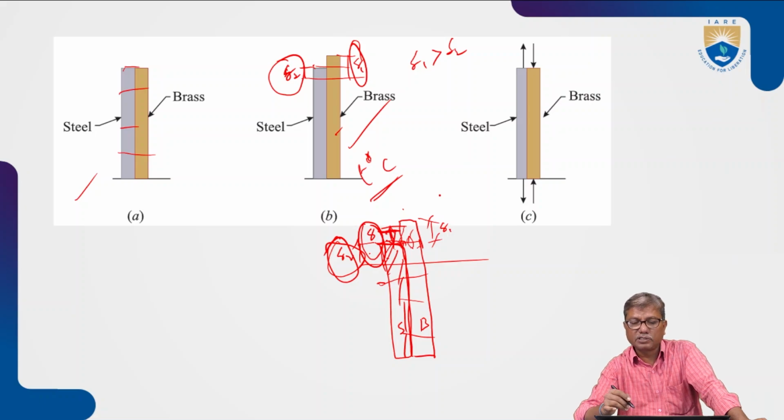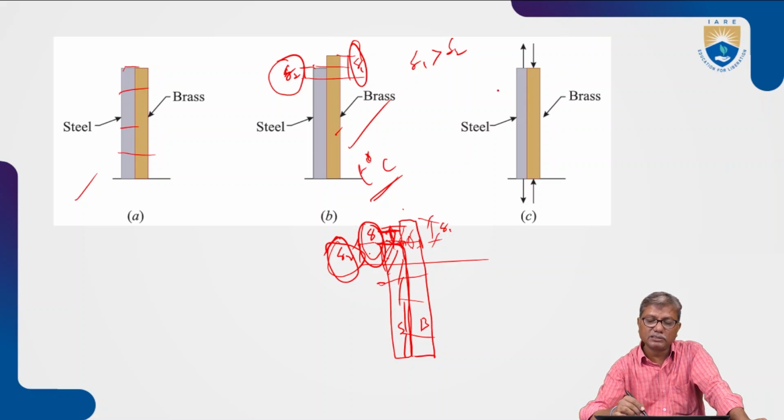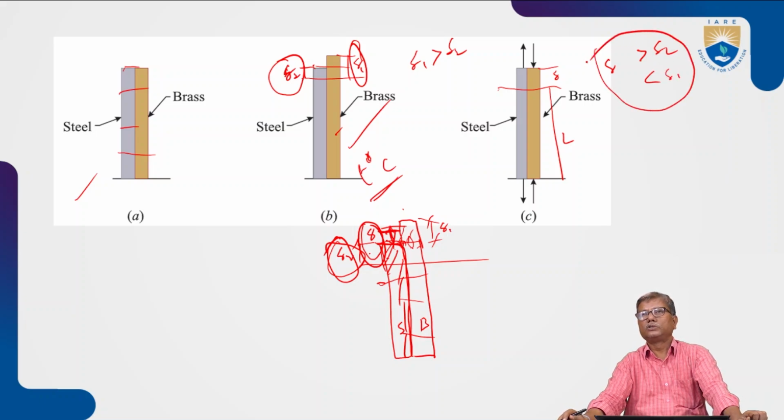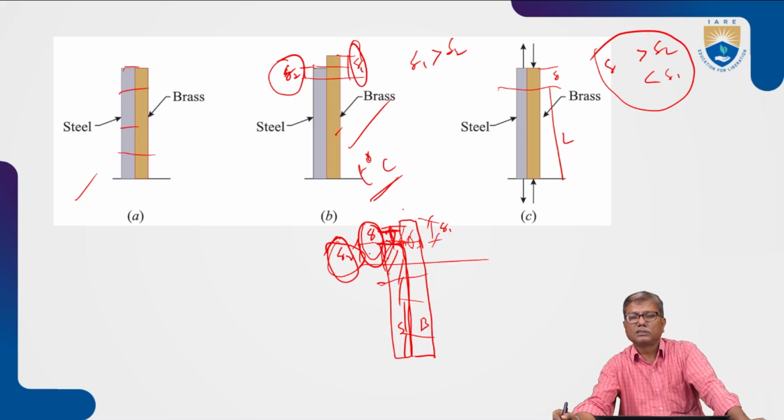If the initial length is L, the final expansion is delta, then delta will be greater than delta 2 and less than delta 1. Due to this, the steel bar will be subjected to tension and the brass bar will be subjected to compression.